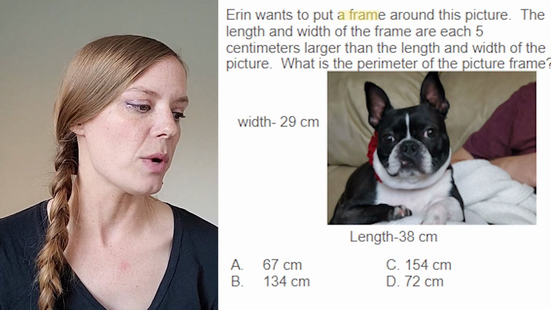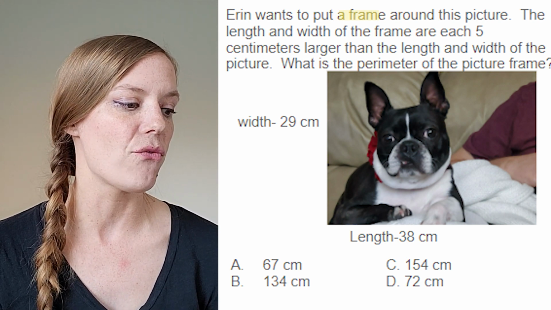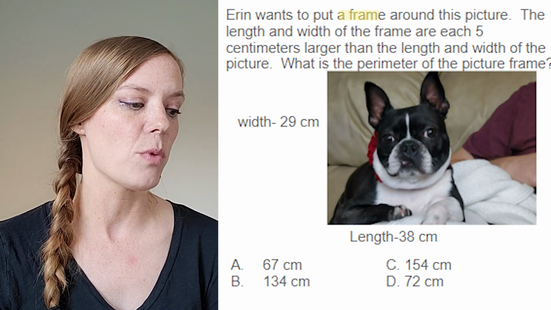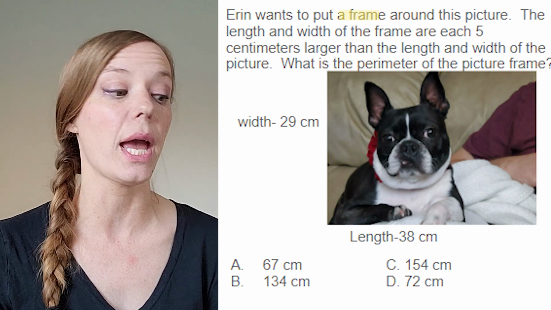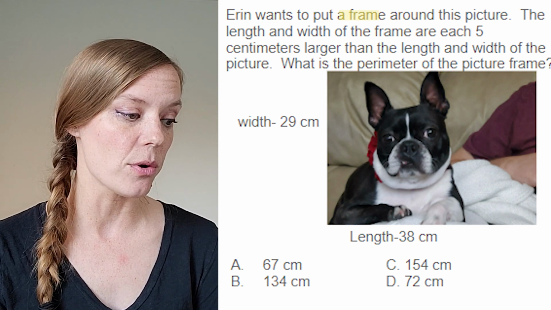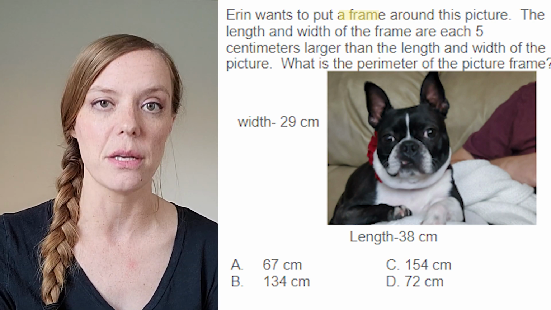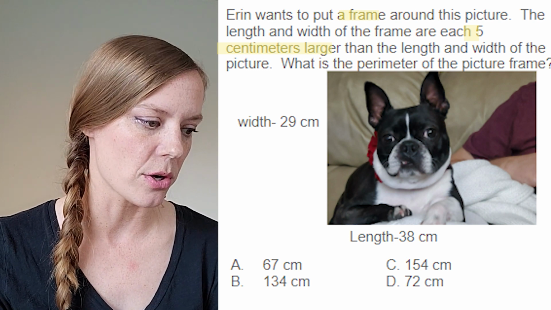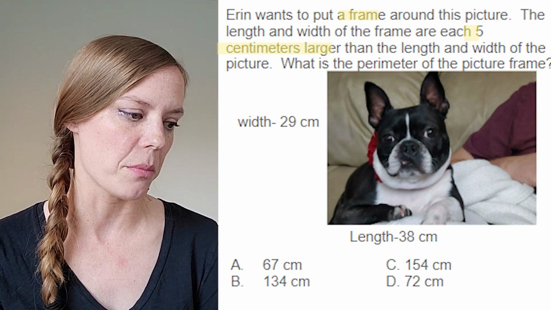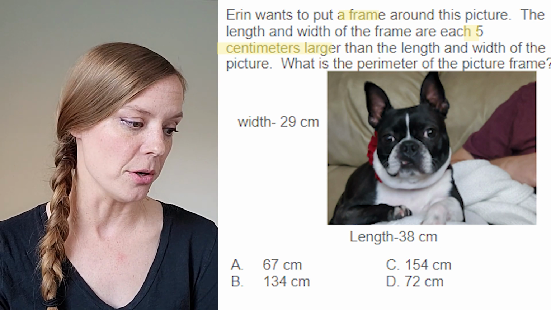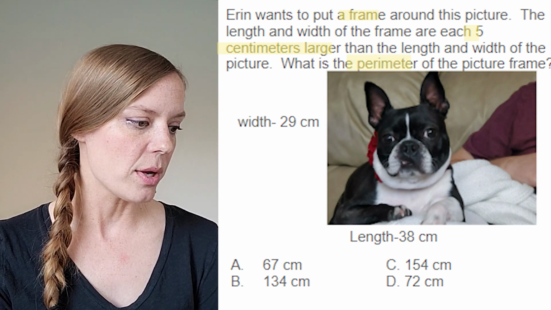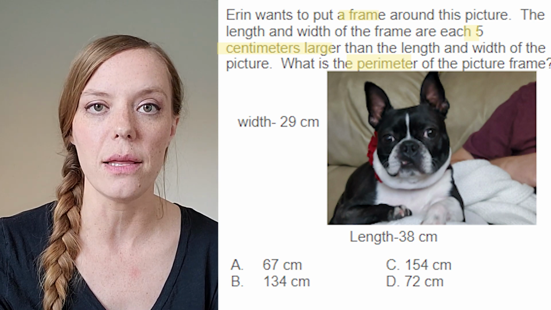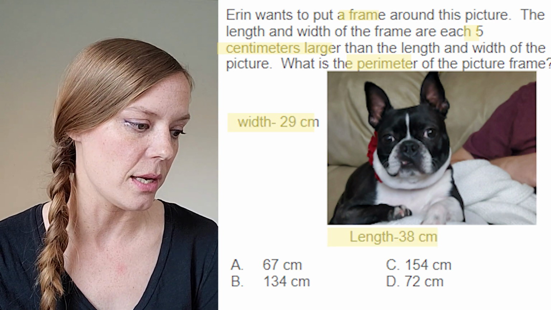The length and width of the frame are each 5 centimeters larger than the length and width of the picture. Okay, so that sounds very important. I'm going to highlight 5 centimeters larger. What is the perimeter of the picture frame? So I'll highlight perimeter. And then I want to highlight the two numbers that they gave us. So the width and the length, I'm going to highlight those, 29 and 38.